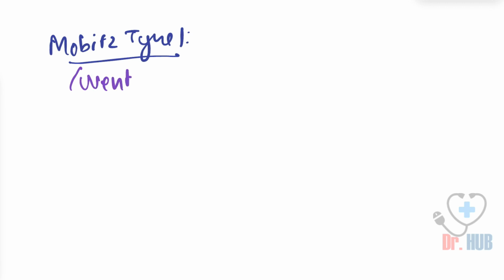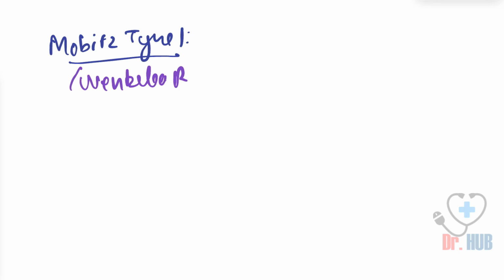Before that, we look at Mobitz type 1, also known as the Wenckebach.